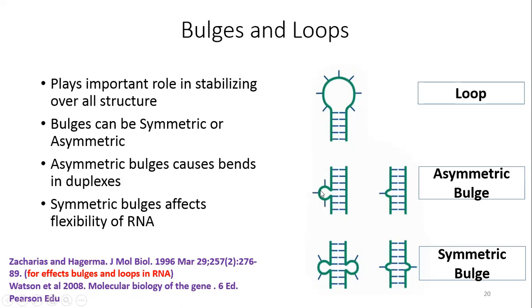While if there are symmetric bulges, that would eventually affect the flexibility of the RNA molecule. Due to the presence of these symmetric bulges, mobility around them would be affected.